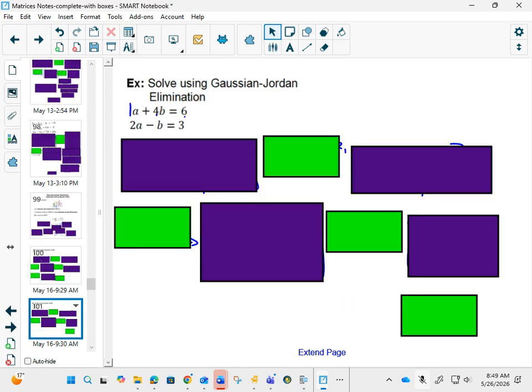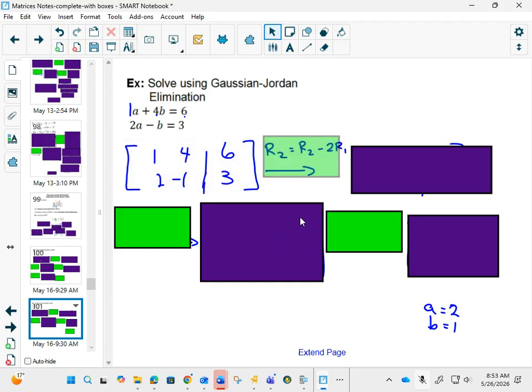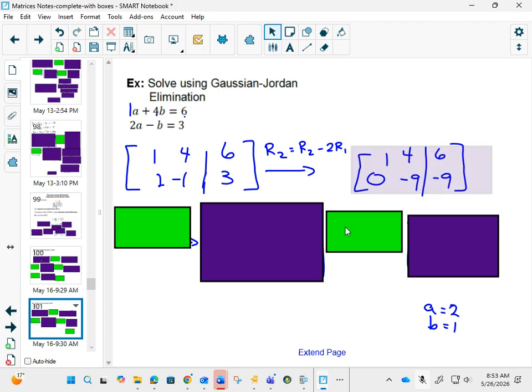Okay, let's look at the next one. I will tell you right away that the numbers are nice. See how you did on this one. I took row 2 and subtracted 2 row 1's. Do you see that you could have done 2 row 1's and subtracted a row 2? If your numbers are different, that's not necessarily wrong.